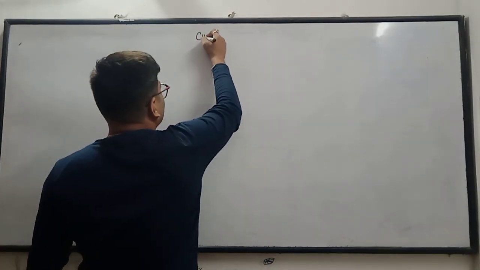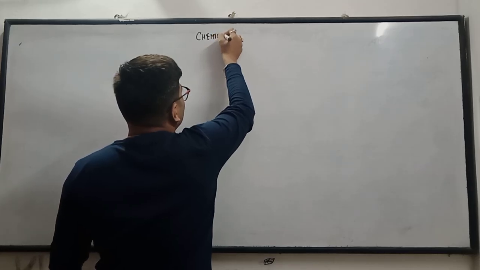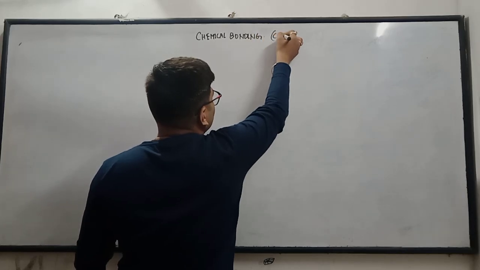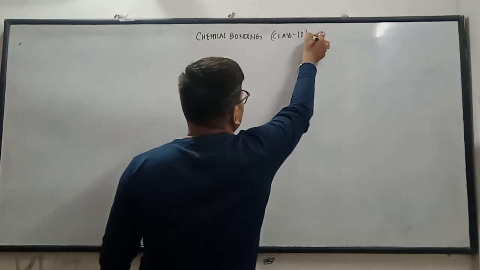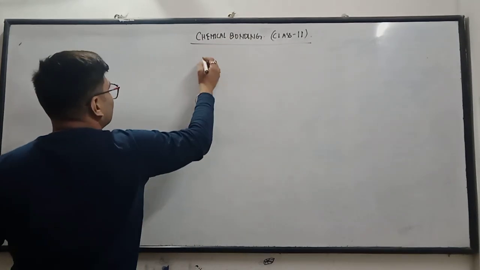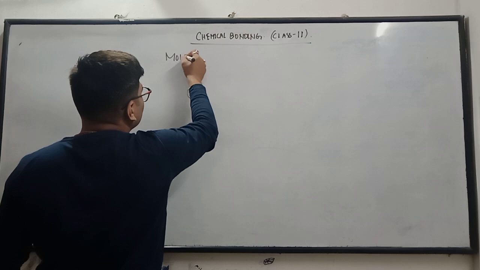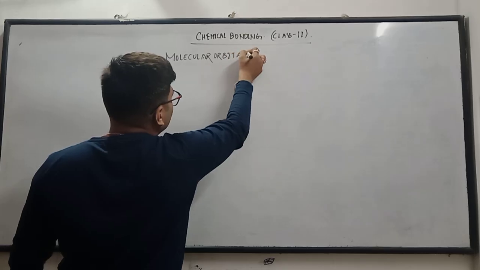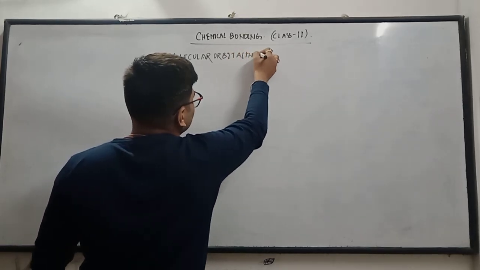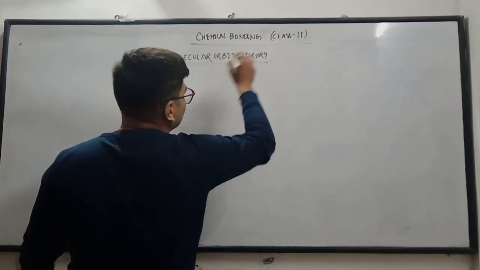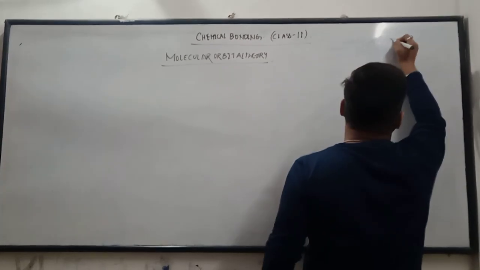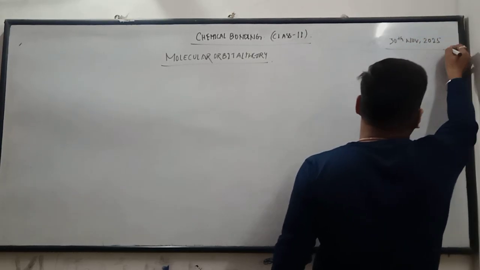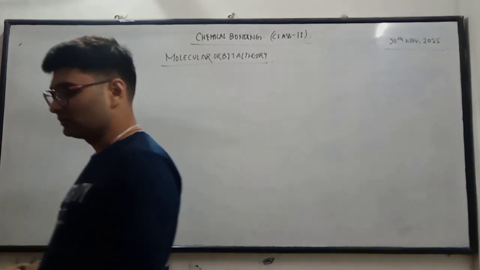The chapter name is chemical bonding, class 11 chemistry, and the topic is molecular orbital theory. Today's date is 30 November 2025.